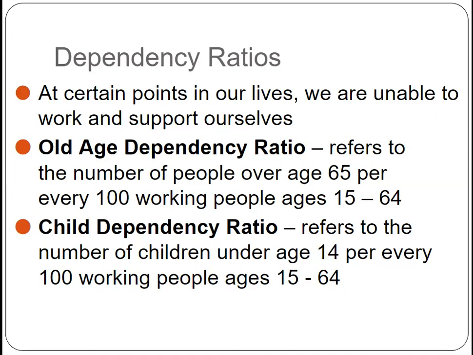I think my first job, I was under 14, actually. So again, this is the number of children under 14 per 100 people. Okay. This is, of course, assuming that people under 14 and over 65 are not working. We all know that's not true, but that's one way of looking at dependency: how many people are working and bringing in money and income for people who are not working.